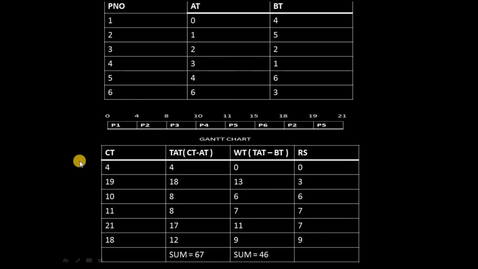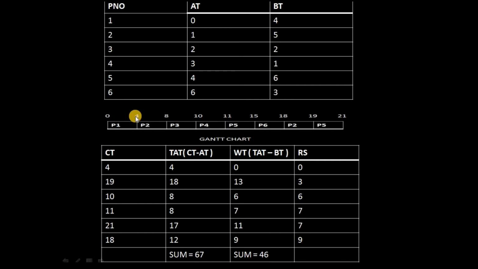So for the completion time you have to look at the Gantt chart from right to left. Now look at this here. At which value does P1 just end?